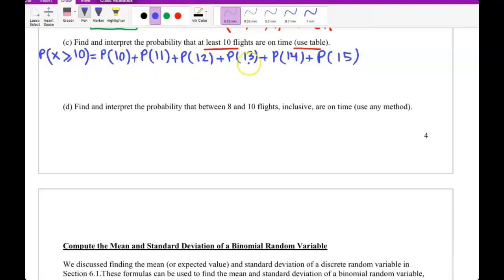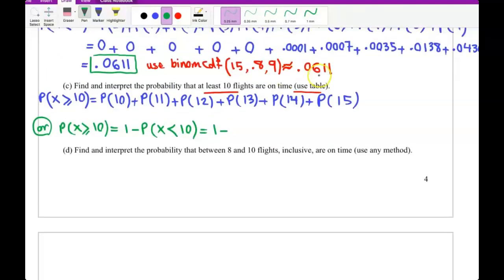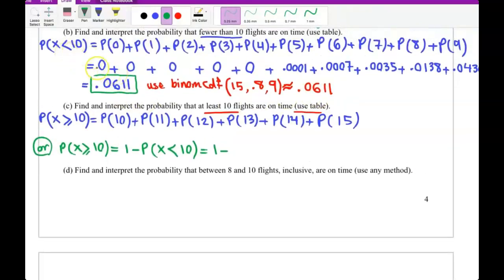Or we can use, instead of using table, this one. So probability of X greater than or equal to 10 is equal to 1 minus probability of X less than 10. So 1 minus, from the previous part we got this number, the probability of X less than 10.